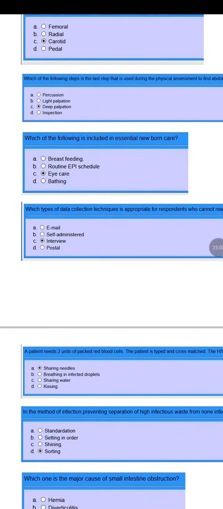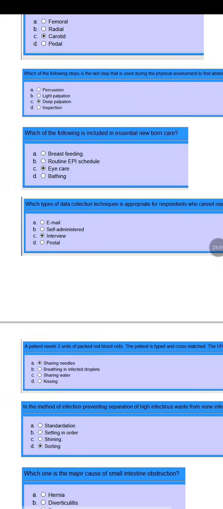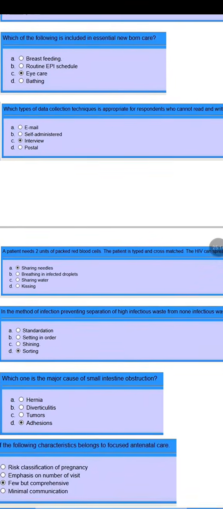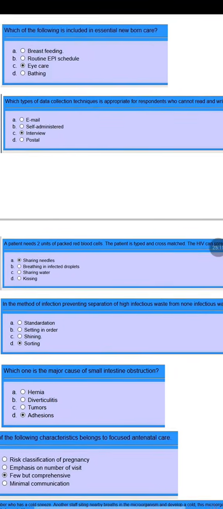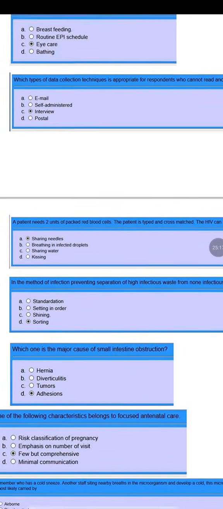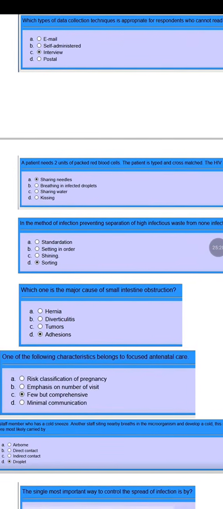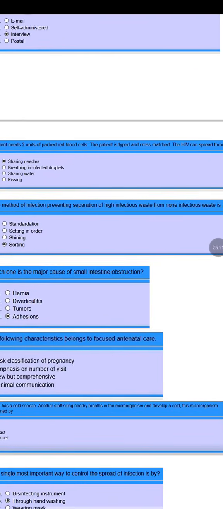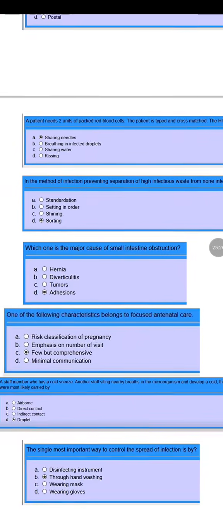Which of the following is the incidental newborn care: breastfeeding. Type of data collection approach: writing and interview. The patient needs 2 units of blood cell, and HIV, separate, share needle.